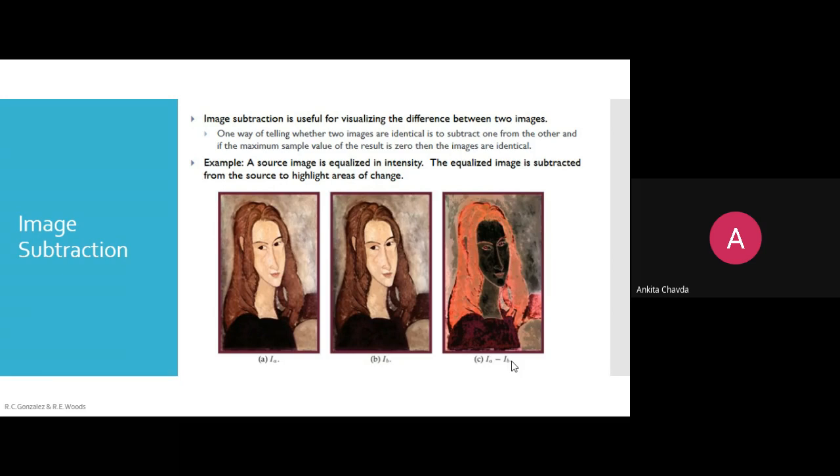The equalized image is subtracted from the source. This is your source, this is your equalized image, and once you subtract, they show you what this histogram equalization has done. So this is what you get as a difference. It gives you the highlighted area of change. Simple. Wherever there is an intensity difference, you will get something here as a pixel, as some color.